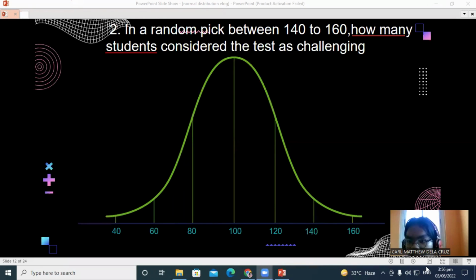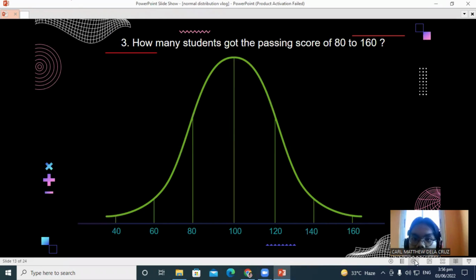Okay, so let's go to number 3. How many students get a passing score of 80 to 160? So 80 to 160.